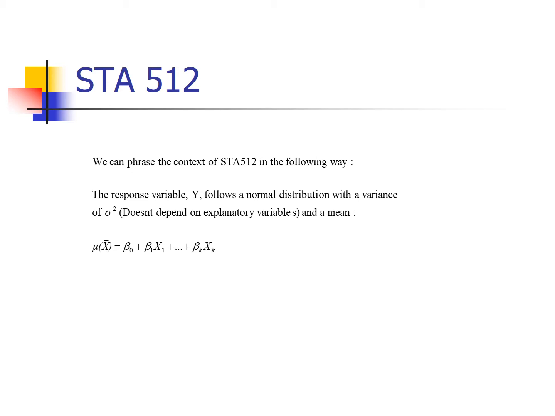We know from 505 that all these distributions have different parameters. Then we think, in what way are these parameters functions of other variables? In 512, we say that the variance, that's one of our parameters, doesn't depend on the explanatory variables at all. However, our mean is a linear combination of explanatory variables.